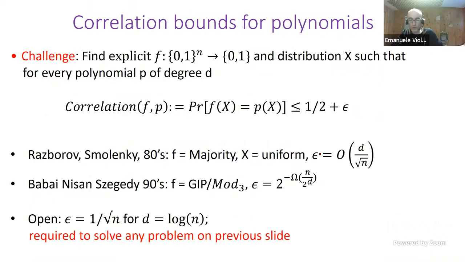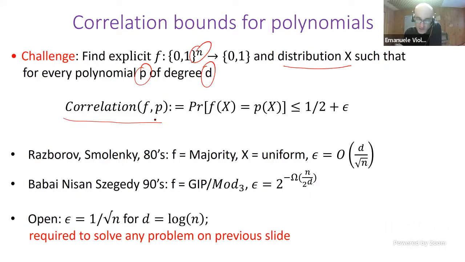So I'm going to now formally define these correlation bounds for polynomials. And again, if you want to have some background, you can look at my survey. So just to be precise now, the challenge here is to exhibit a function, let's say on n bits, a Boolean function, and some distribution on the input, such that for every polynomial p of degree d, the correlation between f and p is small.